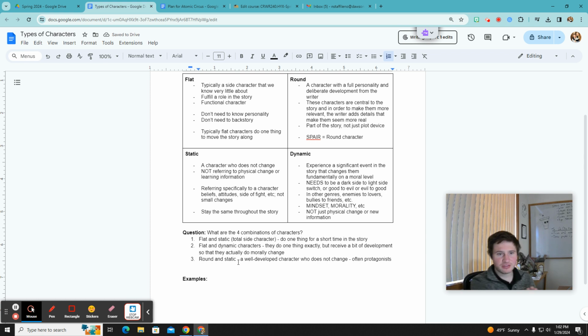Think of every Marvel movie ever. Marvel doesn't really have the dynamic protagonist, in my opinion. They do not have protagonists that change sides. Captain America starts perfect, pure of heart, stands for justice, and he dies pure of heart, stands for justice.